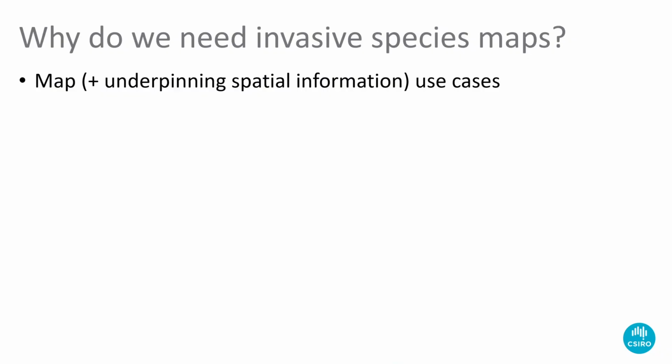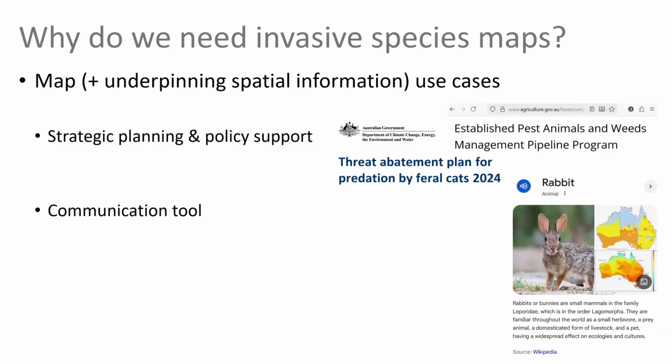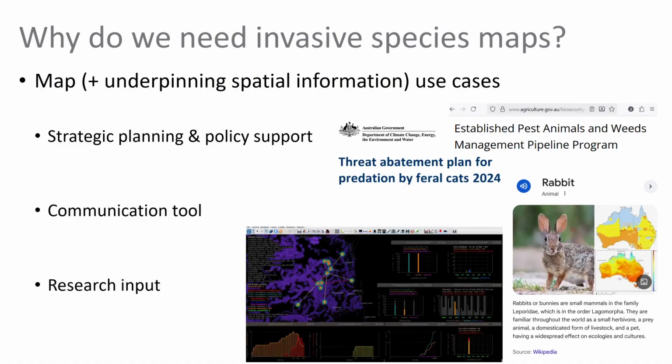Well, information on the location, abundance and overall extent of invasive species populations is sought after by diverse stakeholders: by policymakers to support evidence-based decisions about monitoring and management investments across jurisdictional boundaries, by practitioners as a communication and engagement tool, as maps are quite accessible to land managers and lay audiences alike, or by researchers as an input into their models or analyses.